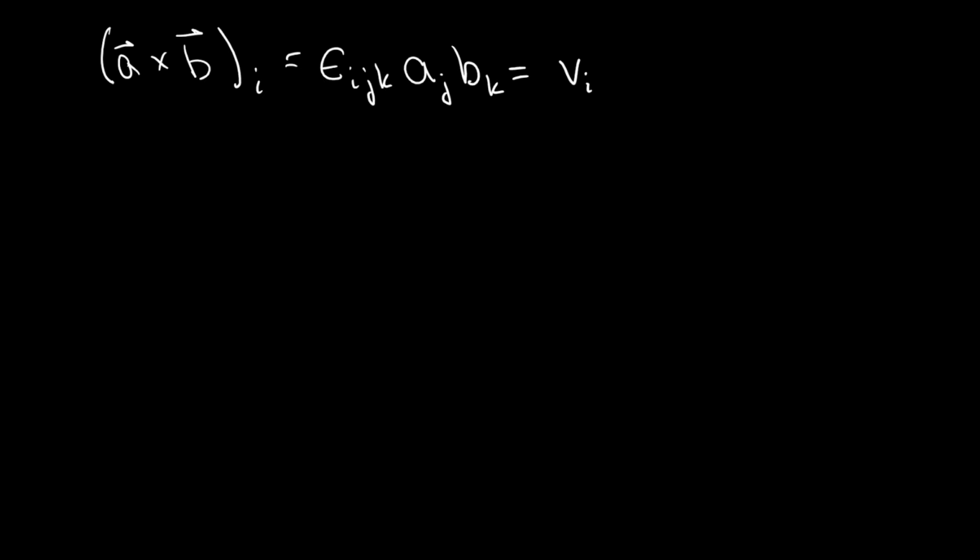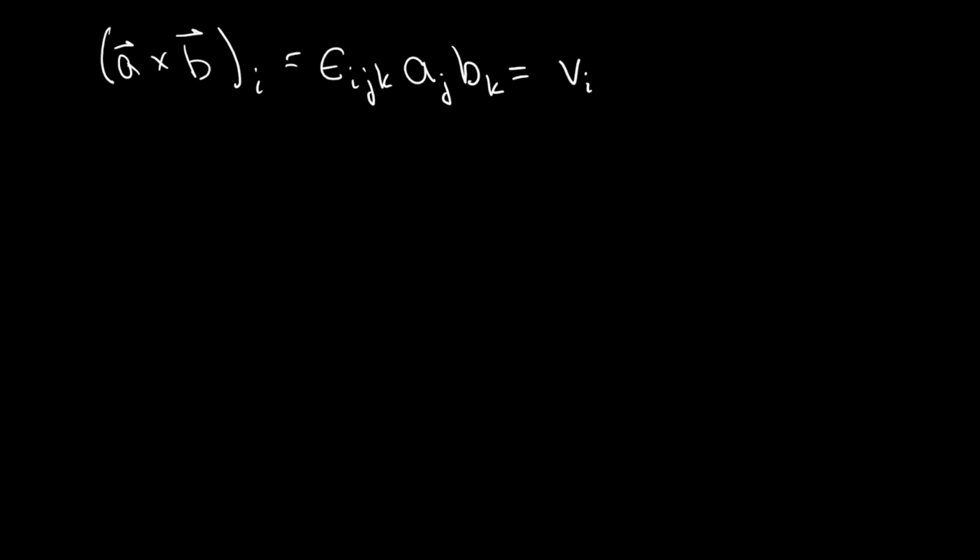So what do we know? We know that epsilon, just by the properties of epsilon, picks out the perpendicular pieces of A and B. But since no two indices can ever repeat, the free index has to always also be perpendicular to all of these other directions.